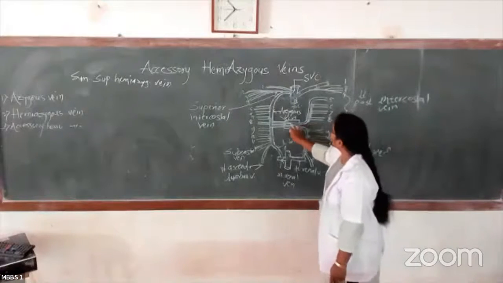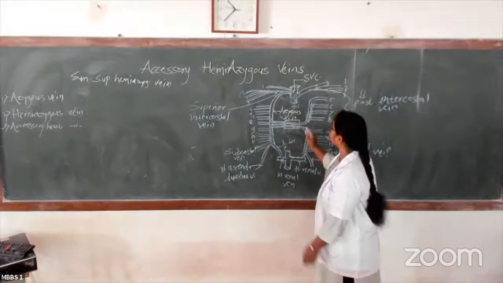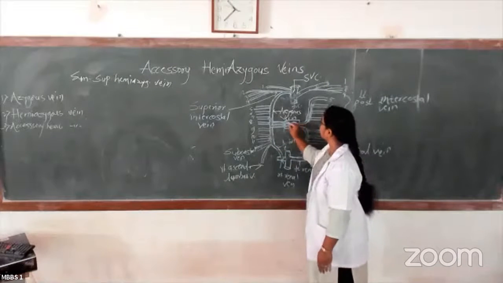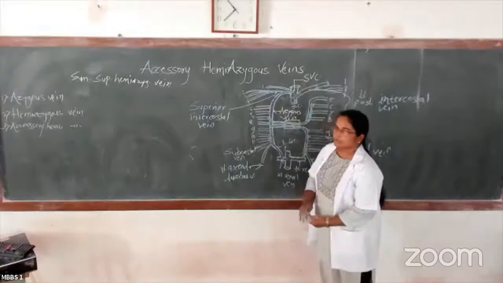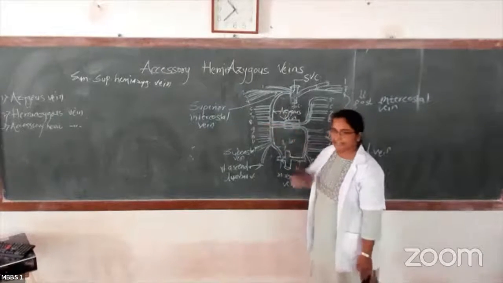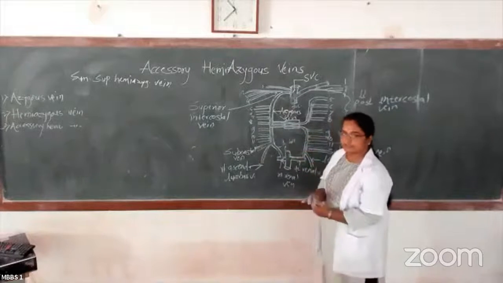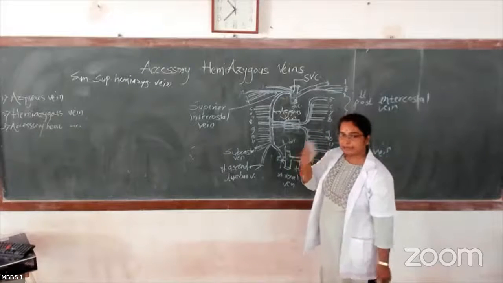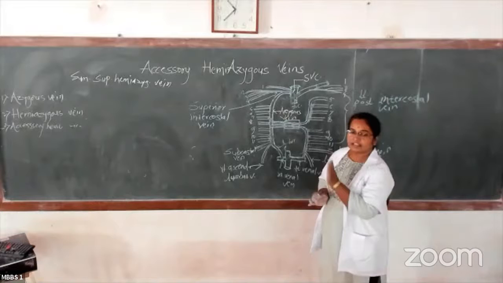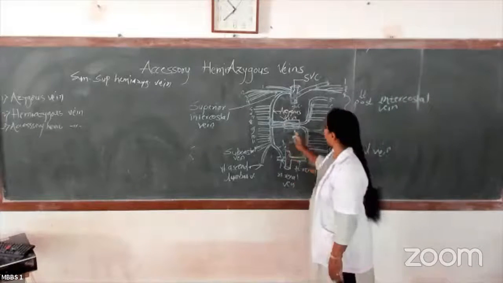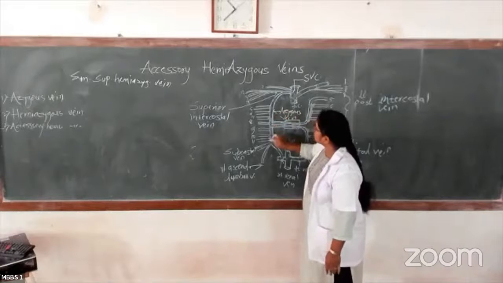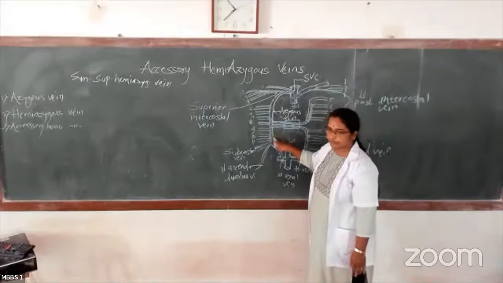Then at the level of T8, that is 8th thoracic vertebra, it turns to right side in front of this vertebral column, but again behind the aorta, esophagus, and thoracic duct, and then it opens into this azygous vein.